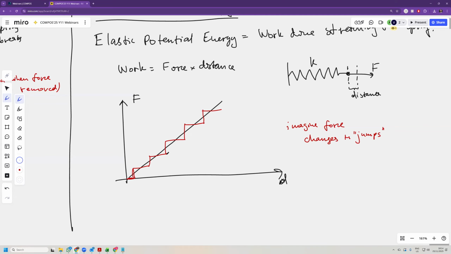Right. I hope that makes sense. So basically, the force is not increasing gradually; it just goes up, then suddenly increases, etc.